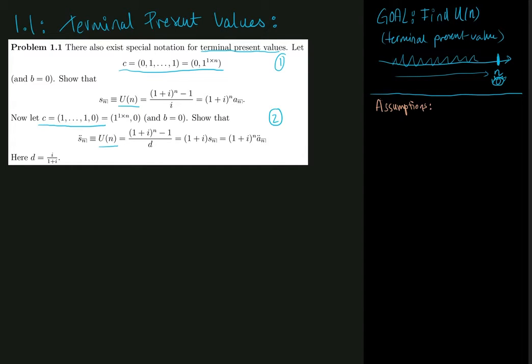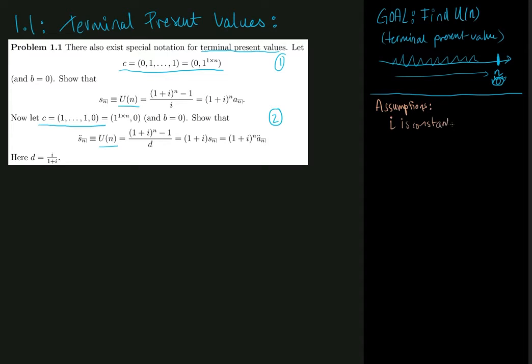So let's look at the assumptions in this exercise. First of all, we notice that the I is just an I, and they don't say anything about I being a function. So I is constant. That's nice.